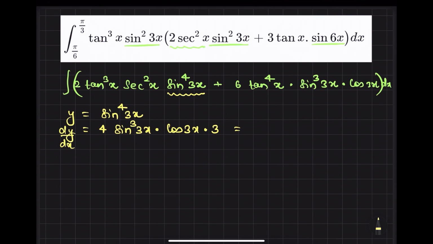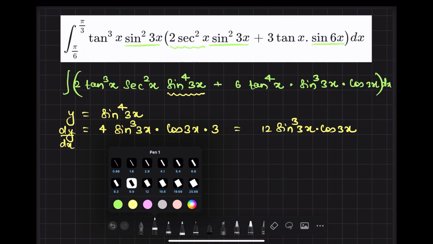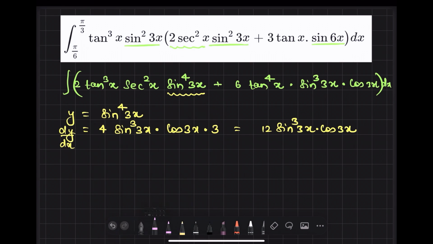So we will write down this thing in standard form. So it is 12 sine power 3 3x cos 3x. Okay. Now if you will observe the next entity, I will connect the dots, just be patient.